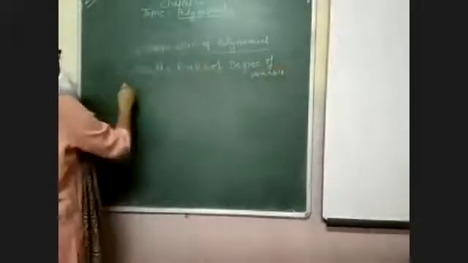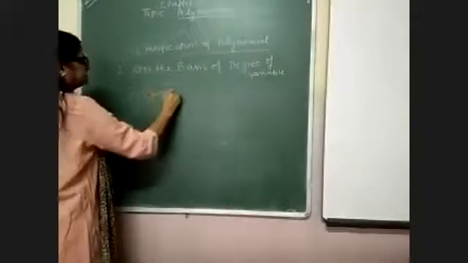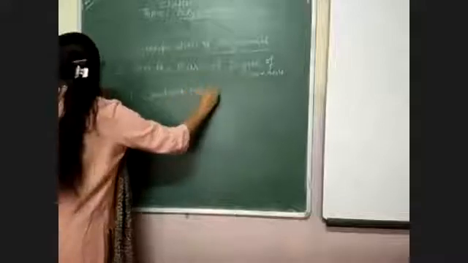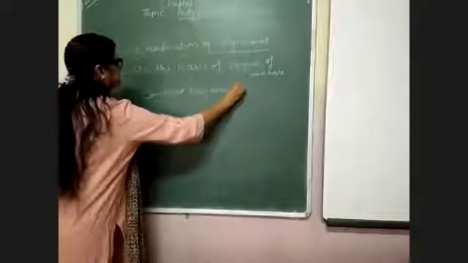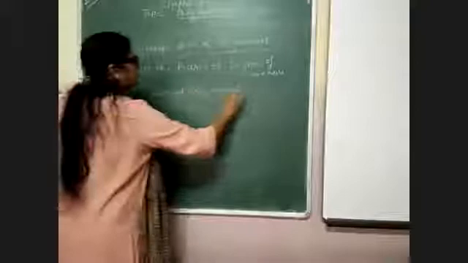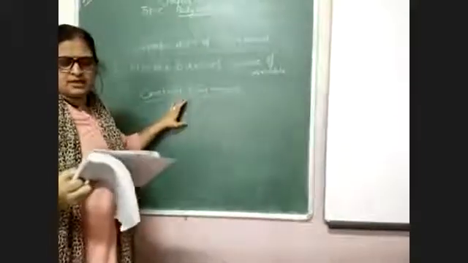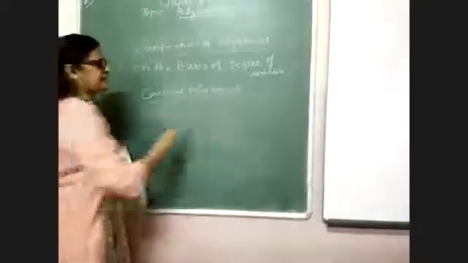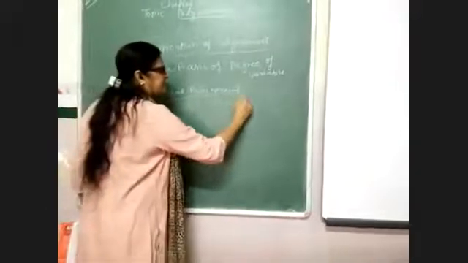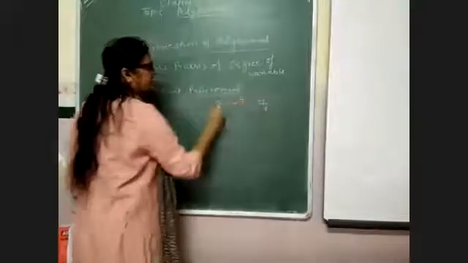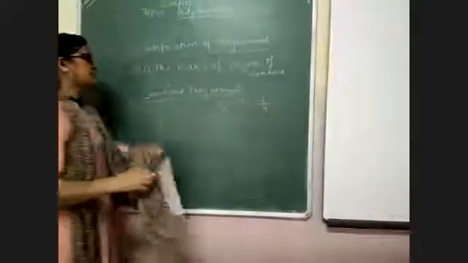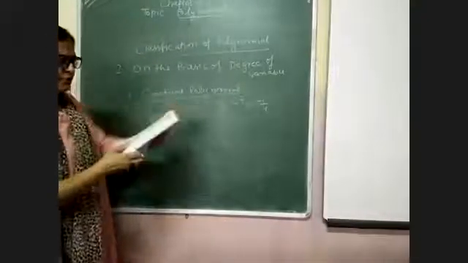The first one is constant polynomial. What is a constant polynomial? When the degree of the polynomial is 0, it is called a constant polynomial. Like you can write down this type of example. Here the degree is 0, so it is called a constant polynomial.